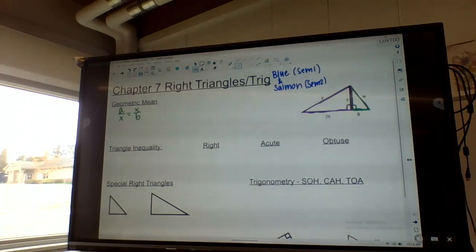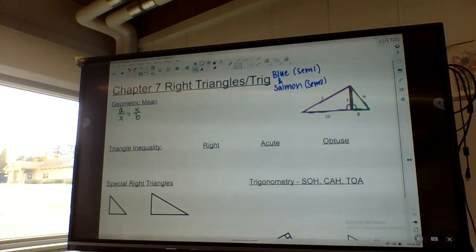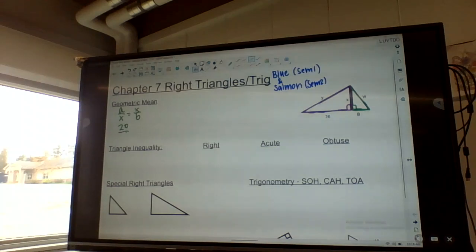So in order to solve this, we would say that x goes with 20, and then 8 goes with x. And so in order to solve that, we're going to cross multiply.